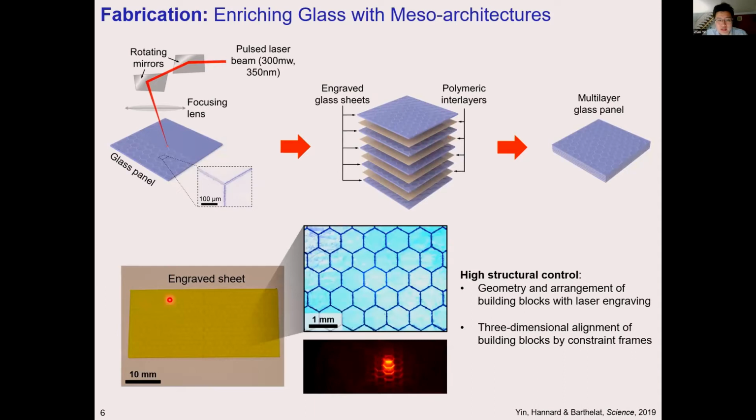As you can see, all those geometries and arrangements of the building blocks with laser engraving are highly controlled. You can highly control the relative alignments, and also you can control exactly the geometry of each building block. And also the three-dimensional alignment of the building blocks when doing the lamination is highly controlled by some assisting fabrication tools.